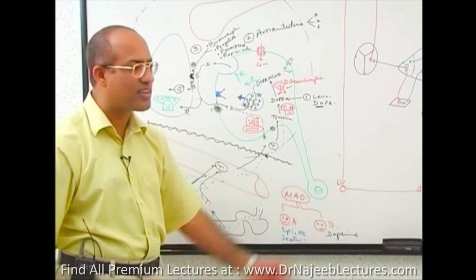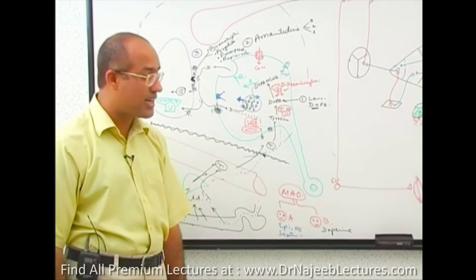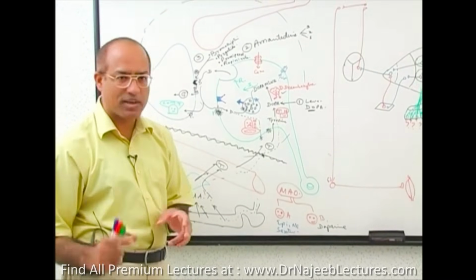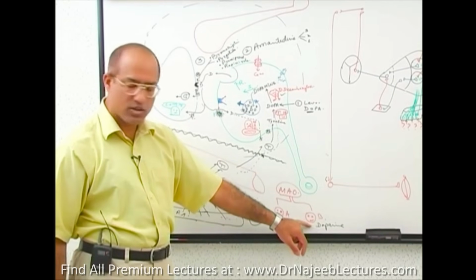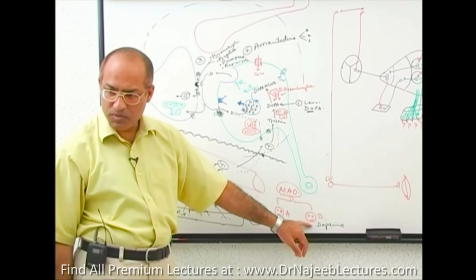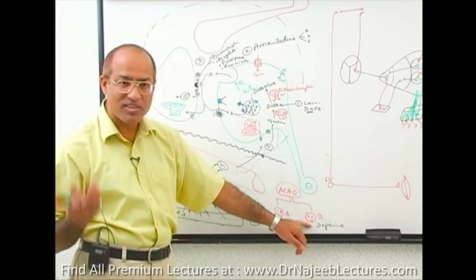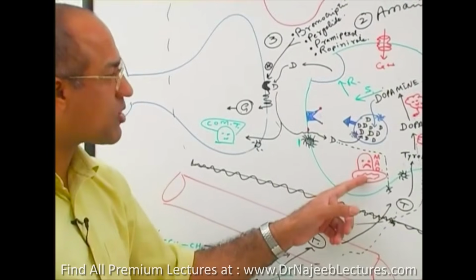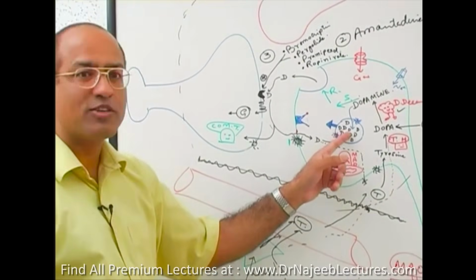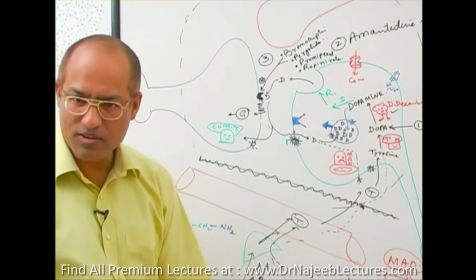That will produce side effects, unwanted actions. So now we have drugs which are more selective at low doses or at therapeutic doses to block the action of monoamine oxidase B. So dopamine level in the neurons goes up, so that when dopamine comes back home, it is not destroyed, and it will be recaptured and restored more efficiently in higher concentrations.